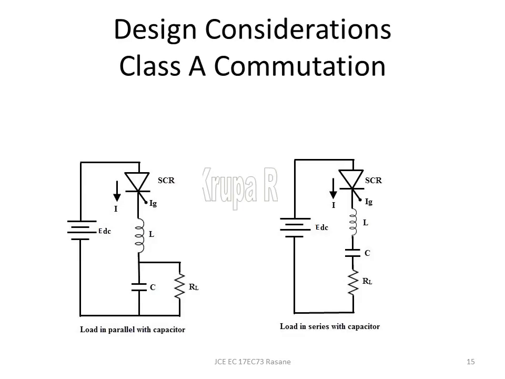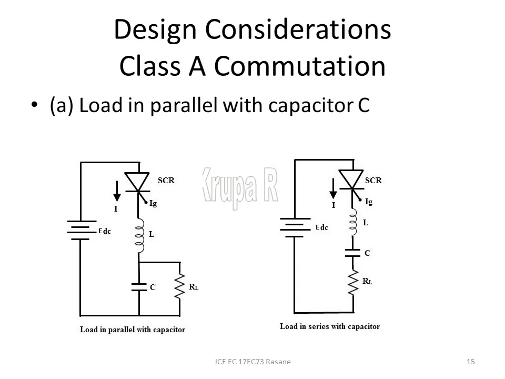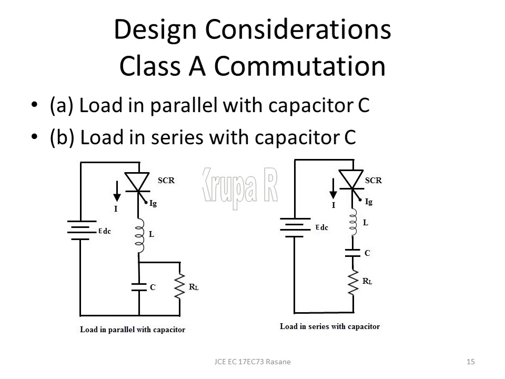Now let us look at the design considerations for class A commutation for both cases. The first case is where the load is in parallel with the SCR, and the other is where the load is in series with the capacitor.